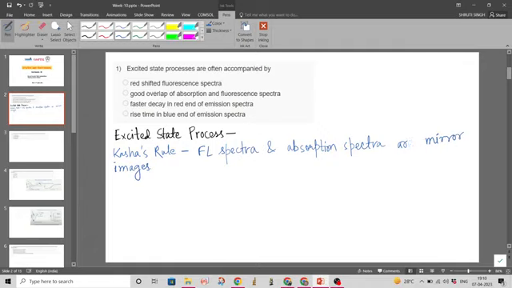But if something is happening in the excited state, for example proton transfer or photoisomerization, then there may not be true mirror images of each other. And why do these phenomena happen, what is the driving force?